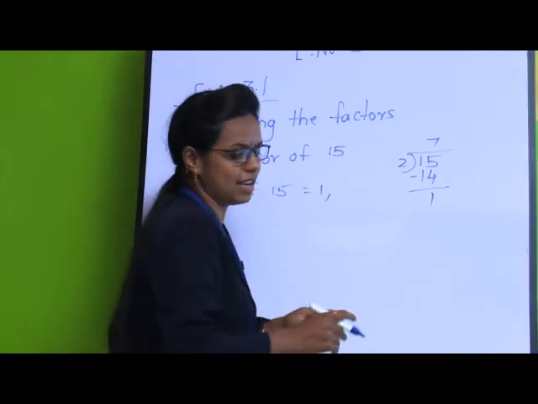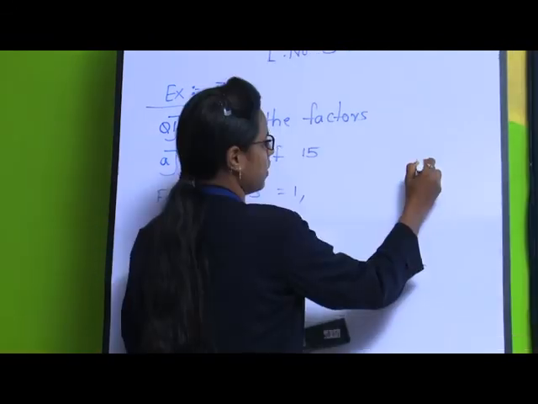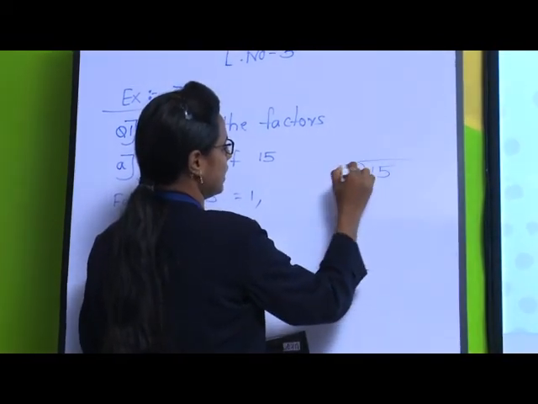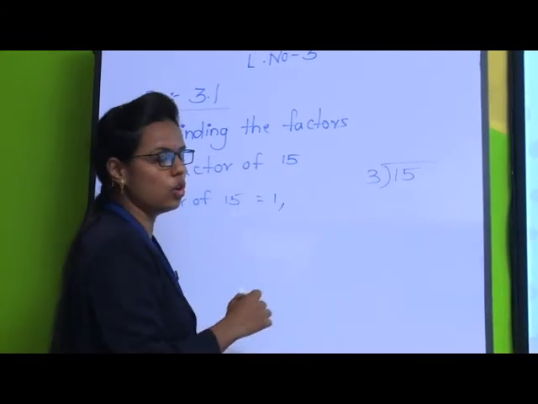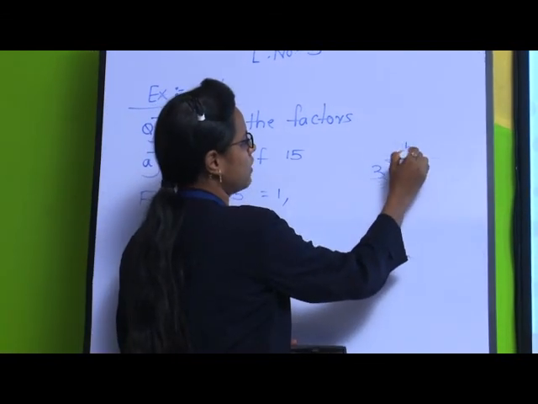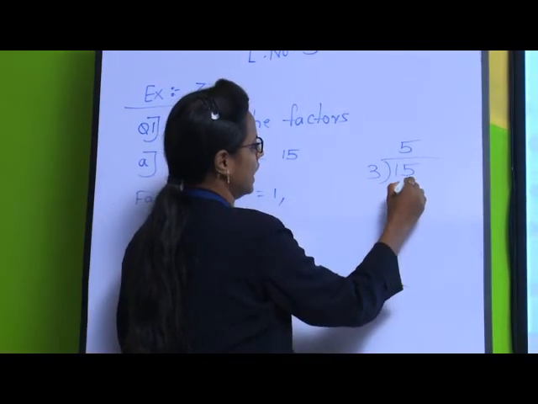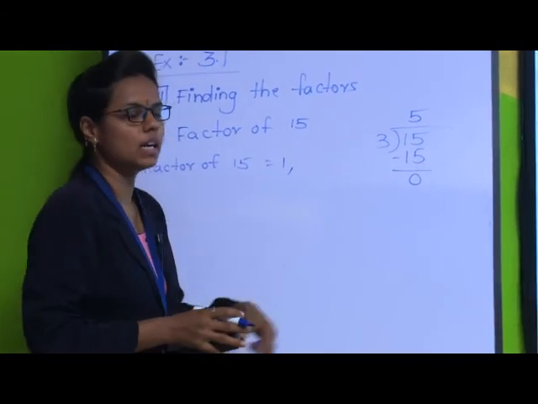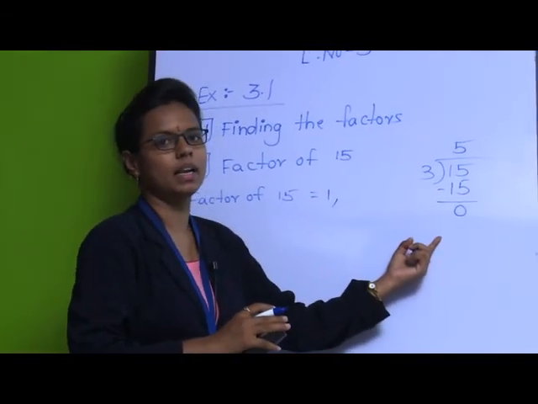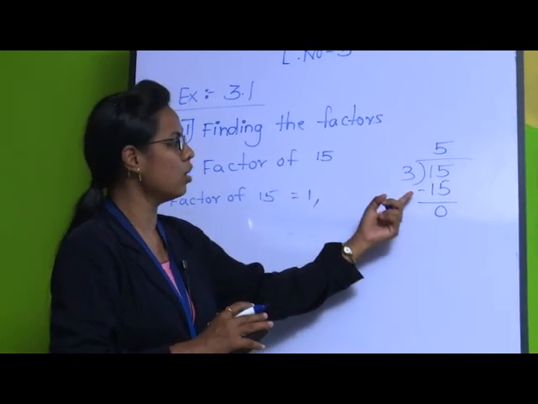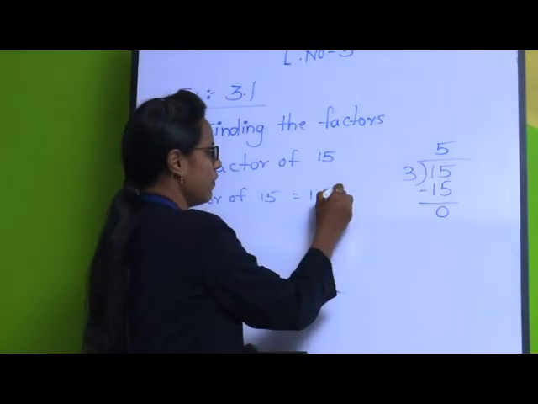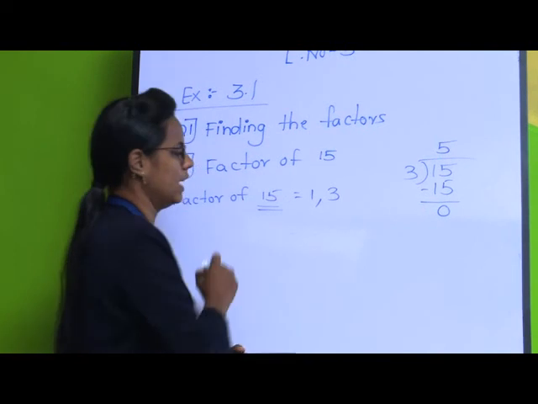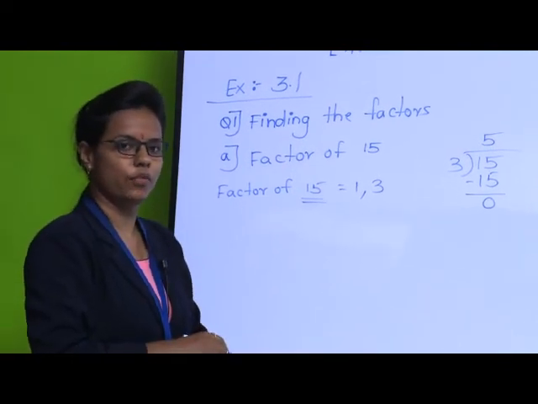Let us take the next number, 15 divided by 3. Here 3 fives are 15. 15 minus 15 is 0. Here it is leaving the remainder 0. So 3 is a factor of 15.